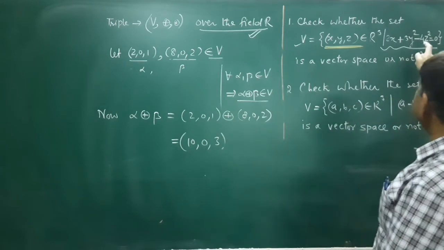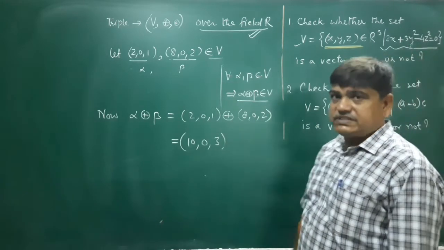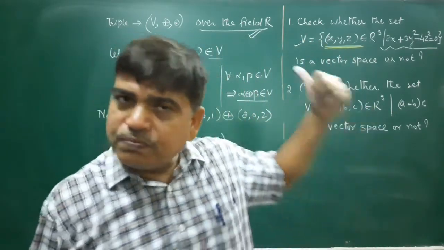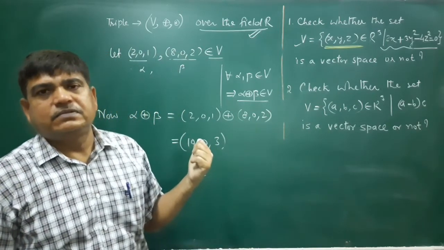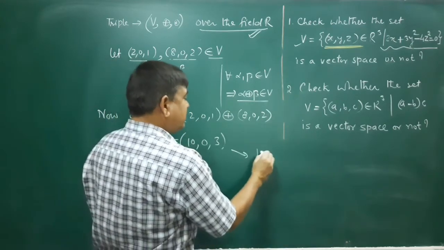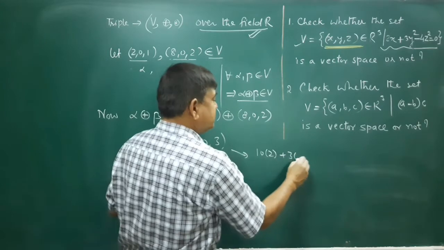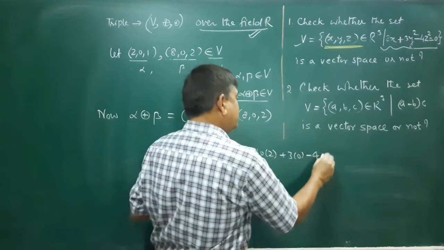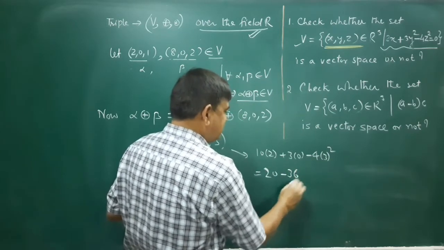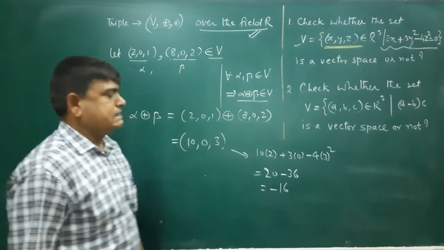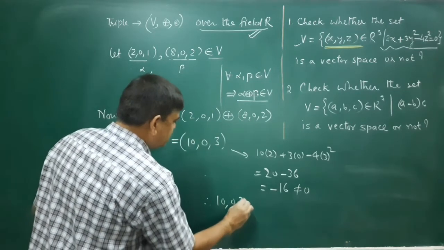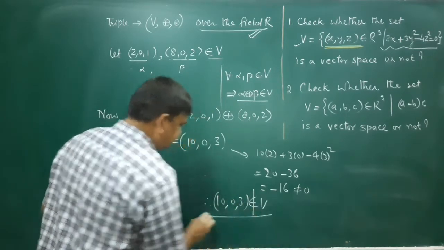If it is satisfied, then it will be a member of V. Only one counterexample is sufficient to disprove this. Verification: 10 times 2 plus 3 times 0 minus 4 times 3 squared. So this is 20 minus 36, which is minus 16, and this is not equal to 0. Therefore, (10, 0, 3) does not belong to V.